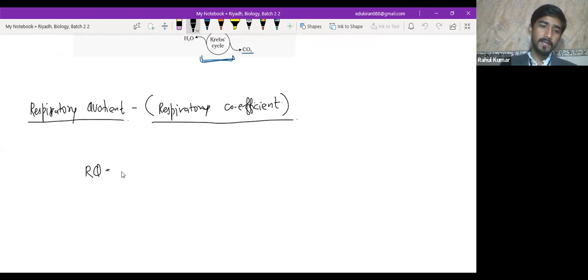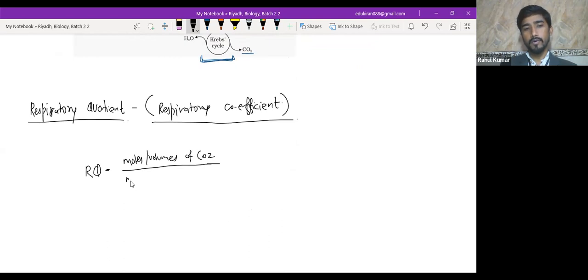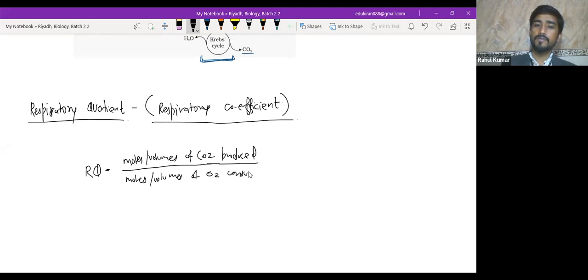So the formula is moles or volumes, whatever the question gives you, of CO2 produced upon moles or volume of oxygen consumed. Is it clear, everyone?